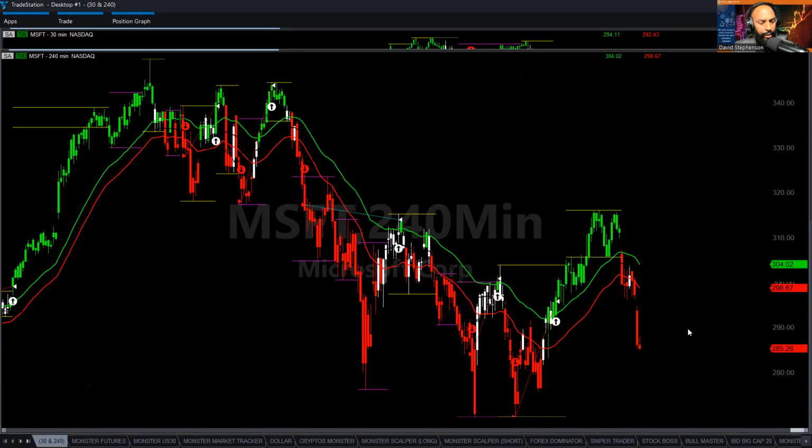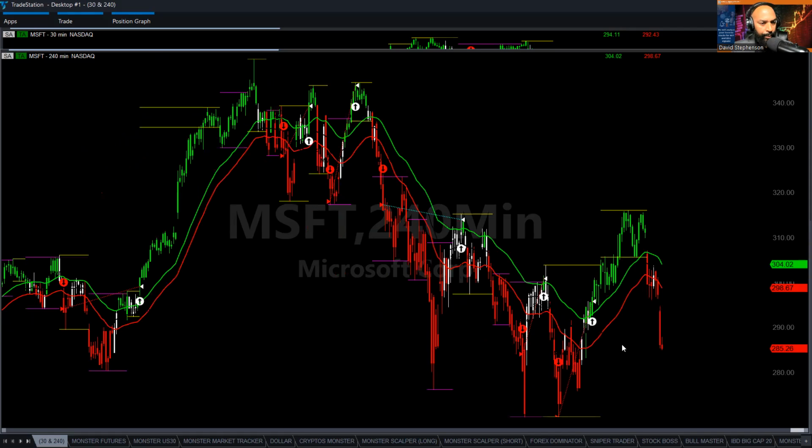These sell short signals are coming in late on the 240. So all that says is that they're really pushing the price. It gapped down here.